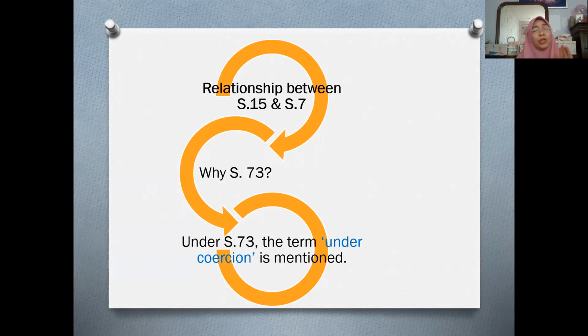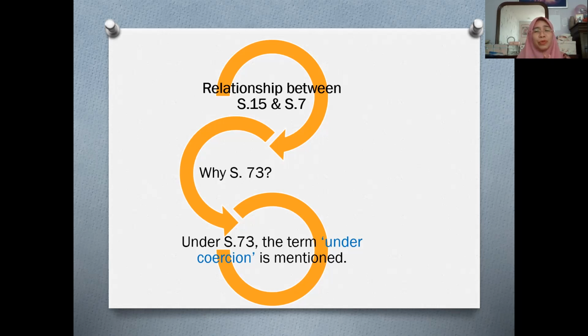Because as far as section 15 is concerned, there are two limbs. The plaintiff needs to prove the act amounts to coercion by relating it with the Penal Code, or by proving to the court the unlawful detention of property, either of these two ways.